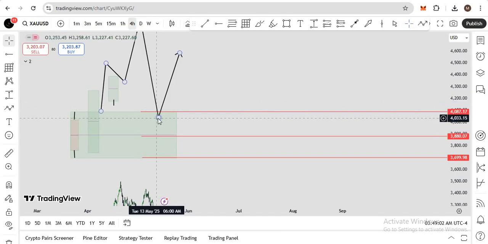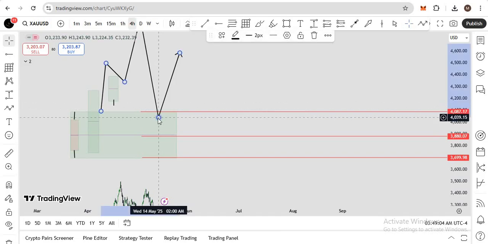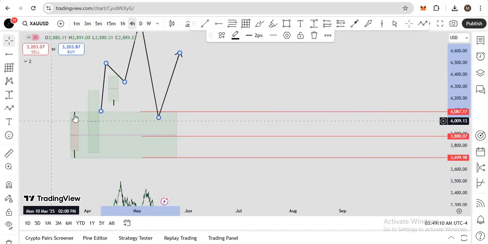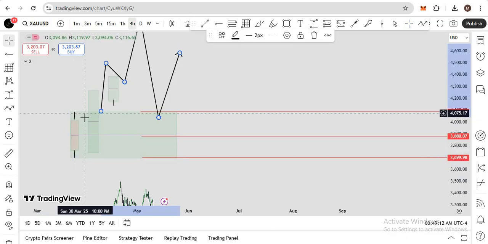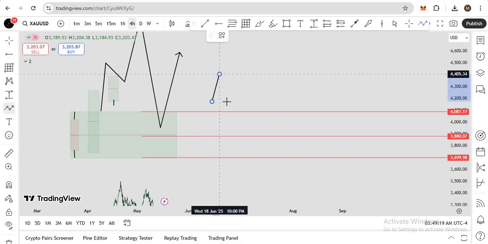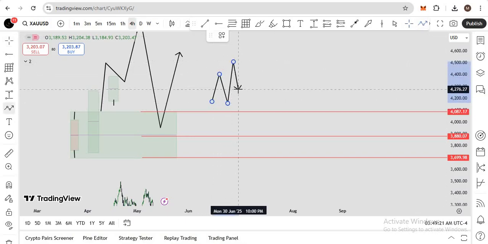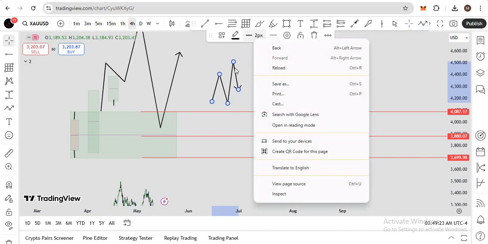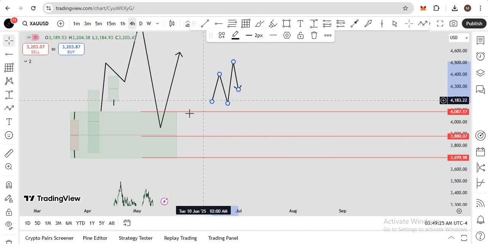Why should we use ICT here? Because you can go to the lower time frame. This will probably be a 4 hour or 1 hour engulfing, so you go to 5 minutes or 1 minute and wait for the ICT entry model like market structure shift, inversion, breaker, fair value gap. That will make it a highly valuable trading area.